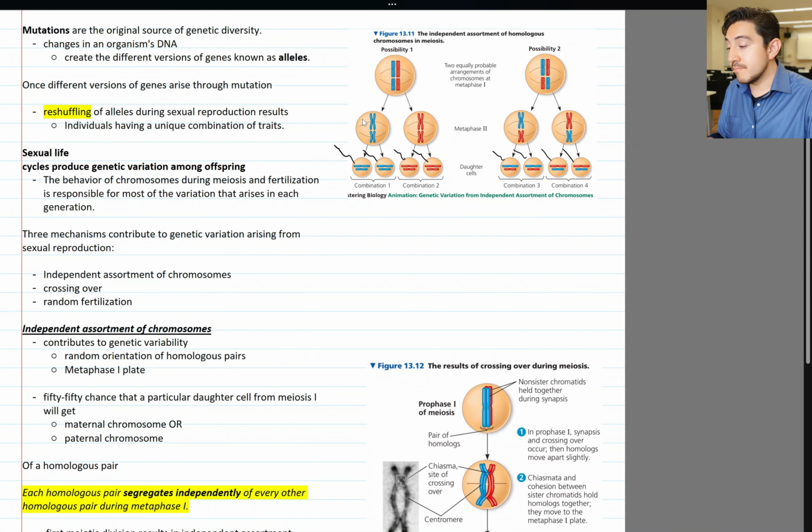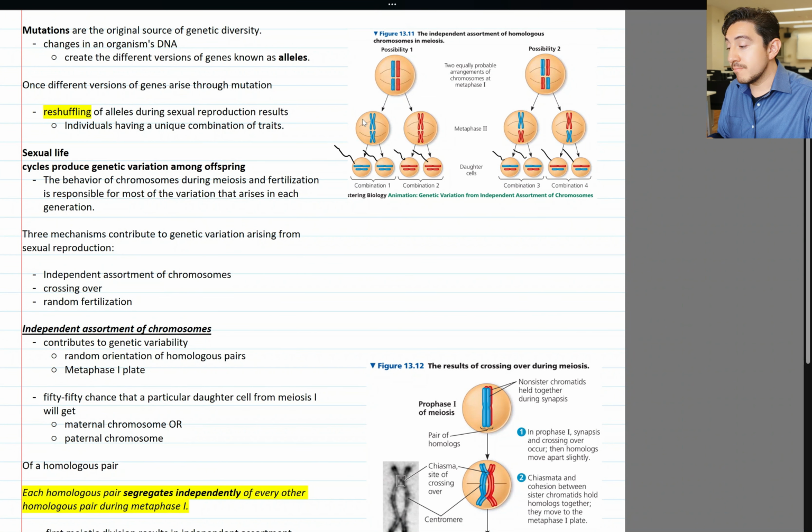Because there's a reshuffling, that helps sexual reproduction, and that helps offspring have a unique set of traits there. Aside from that, you get other ways in which you can enhance this variability, being made from the mutations. And so you get three mechanisms: independent assortment, you have crossing over, and you have random fertilization.